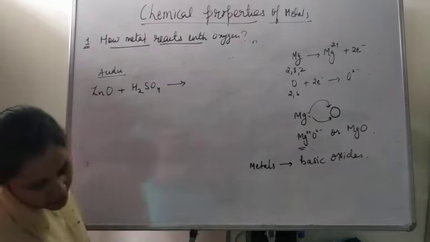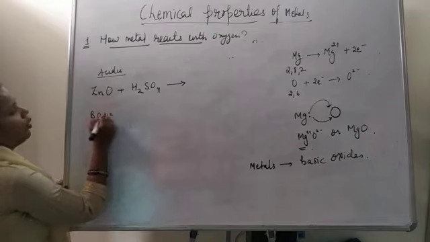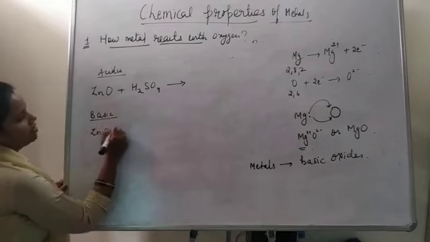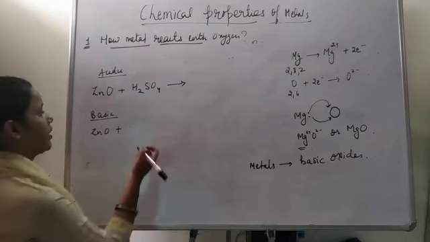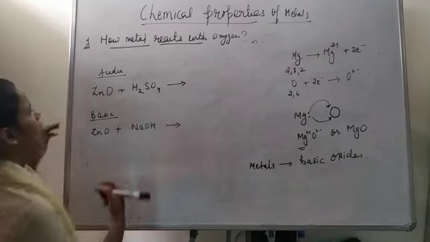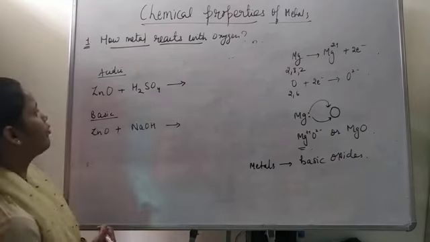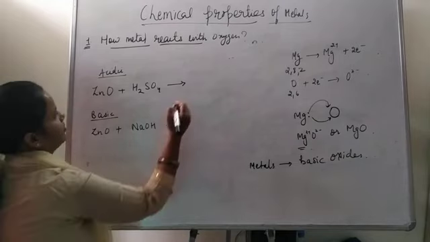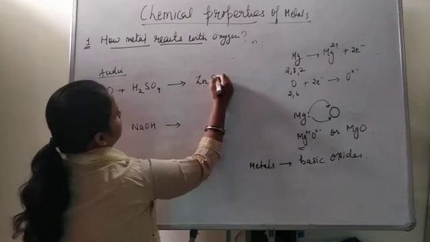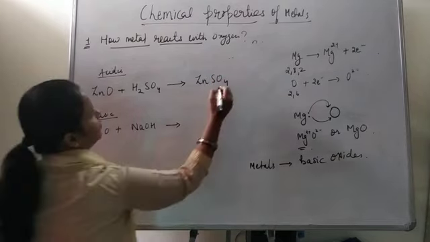Next is the basic nature, how zinc oxide reacts with sodium hydroxide. If zinc oxide reacts with sulfuric acid, it will form zinc sulfate and water.